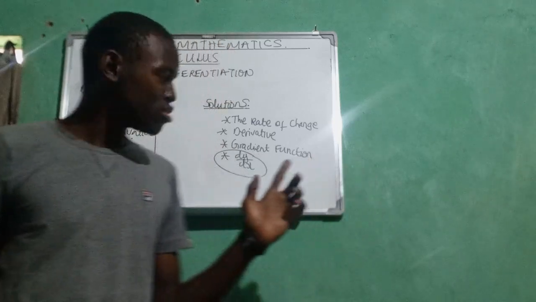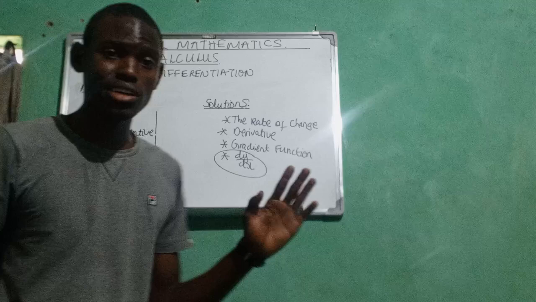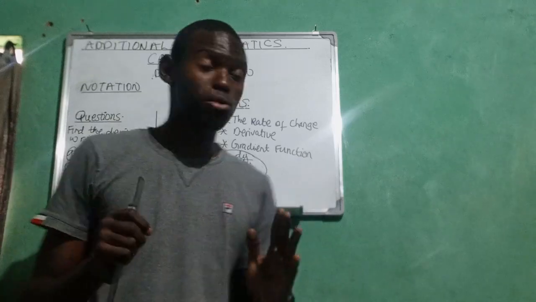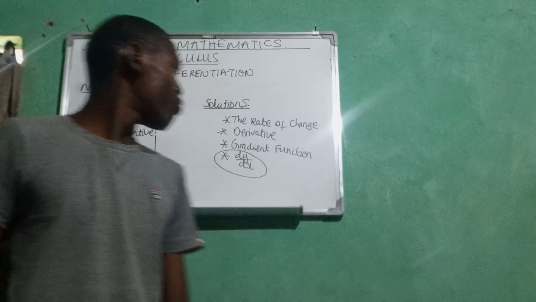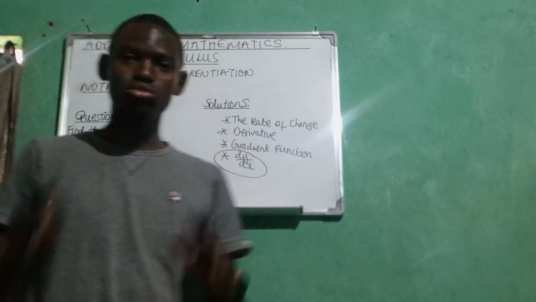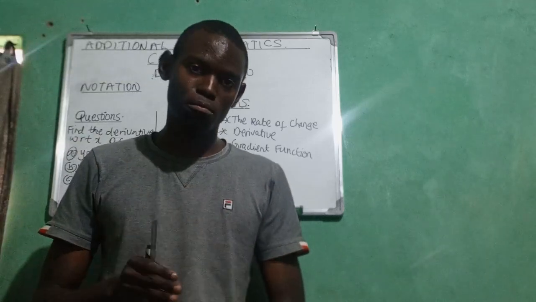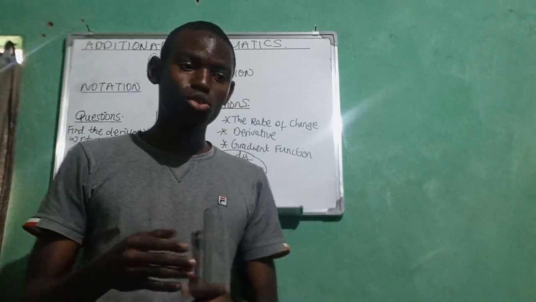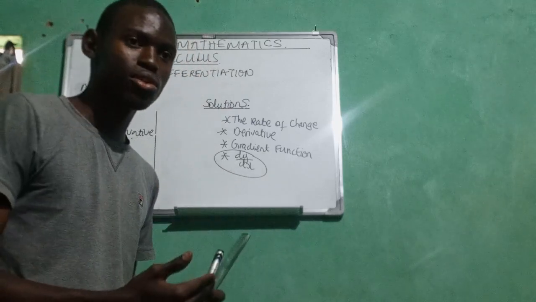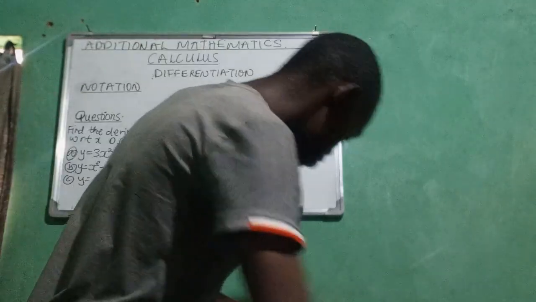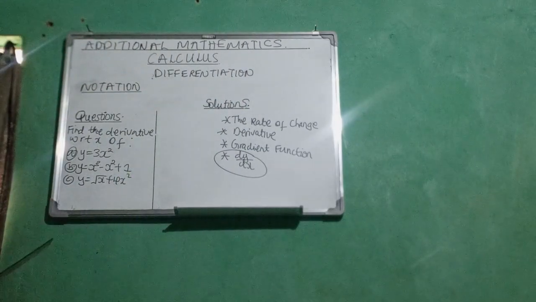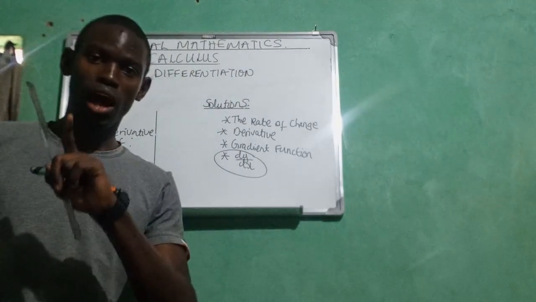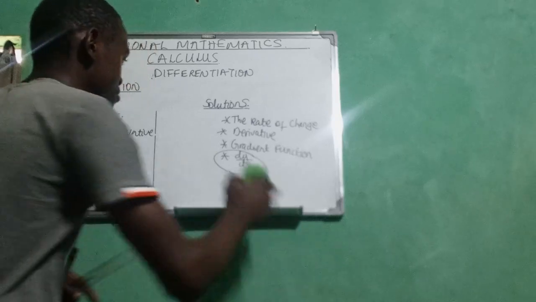So finding the derivative using dy dx is very fast, or finding the gradient function using dy dx is way faster, or finding the rate of change using dy dx, it is way faster. So I'm going to show you how to find dy dx of a function. In this video we are going to answer question A, B and C in one video, and it's going to be way faster.